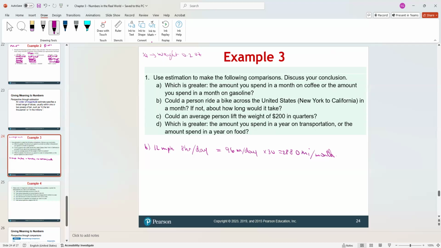So the weight of $200 in quarters would be approximately, if you take how many quarters is $1? $1 is 4 quarters, right? So that means $200 times 4 is 800 quarters, right?